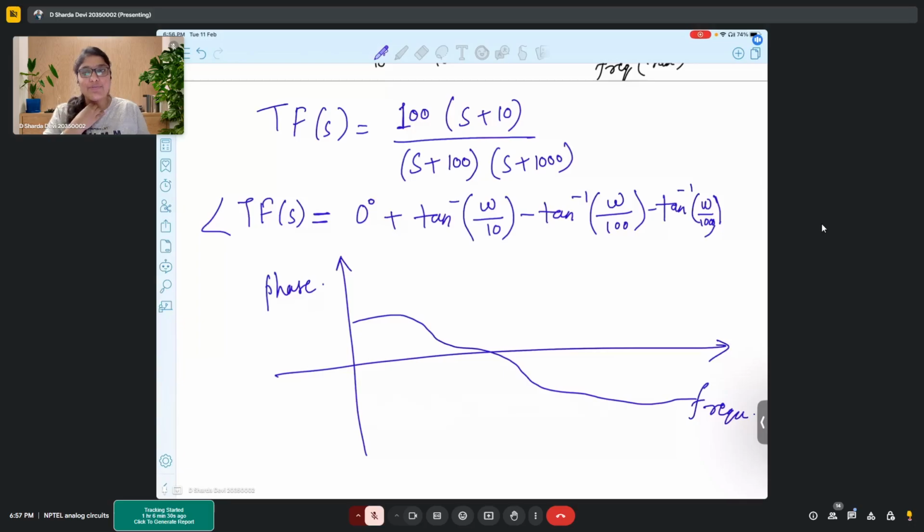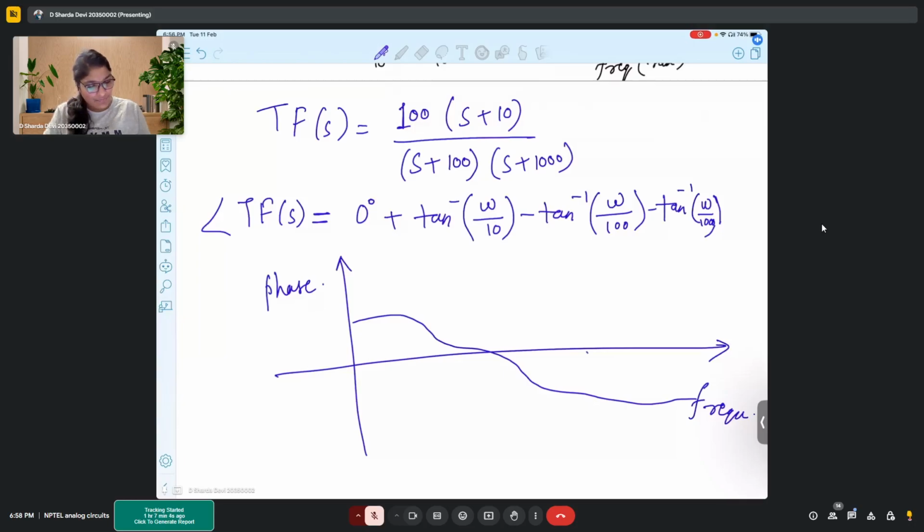So generally for phase plots, we never go for approximate or Bode phase plots. There are definitely Bode phase plots, but it is not that common. Rather, for phase plots, we try to go for actual phase plots, at least at the poles and zeros. You can calculate the values at poles and zeros, right? They are very easy compared to other frequency values, and you try to extrapolate and you get the curve. And yeah, that's how you analyze.